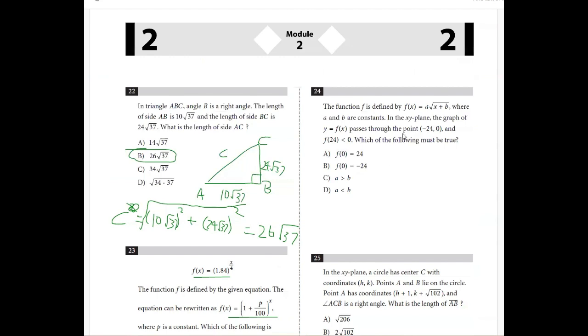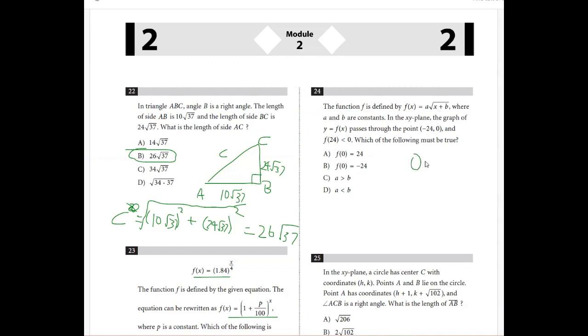Okay. The function f is defined by f of x is equal to a square root x plus b, where a, b are constants in the xy plane. The graph of y is equal to f of x passes through the point minus 24 comma 0, and f of 24 is less than 0. Which of the following must be true? Okay, so I'm going to go ahead and see what I get if I put minus 24 comma 0 inside here.